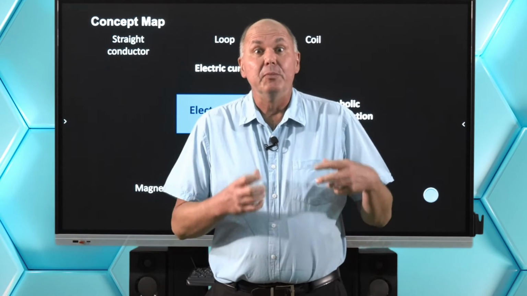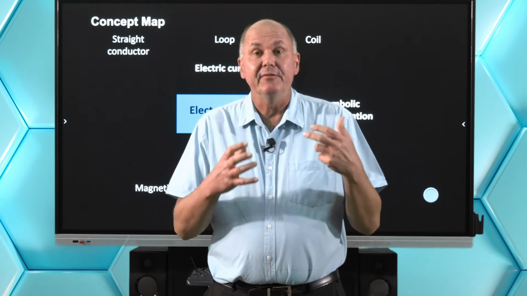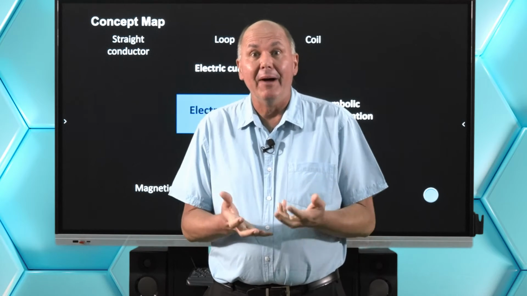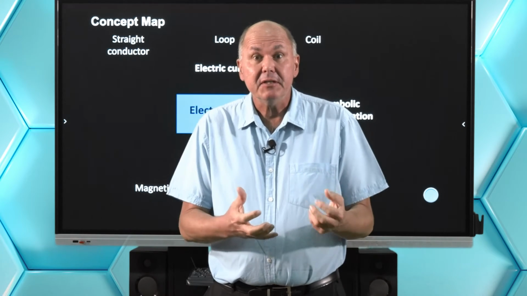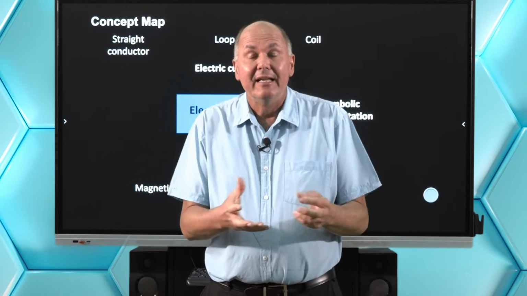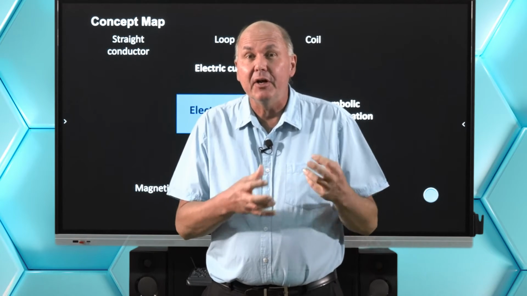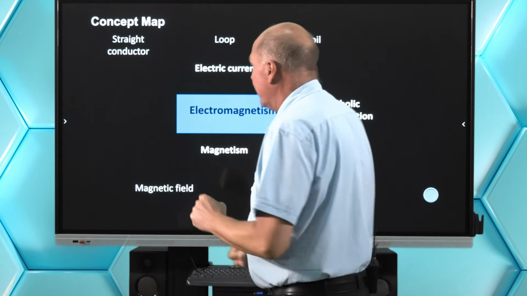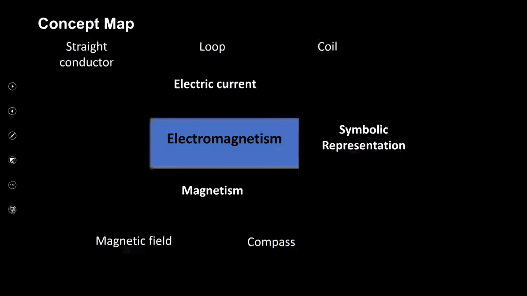Welcome back. We're busy examining the idea of electromagnetism, and I'm sure you remember that we've spoken about electric current and magnetism. Now we're going to put the two together and start to consider and explore how they influence each other. So let's go and look at how we're going to do this.